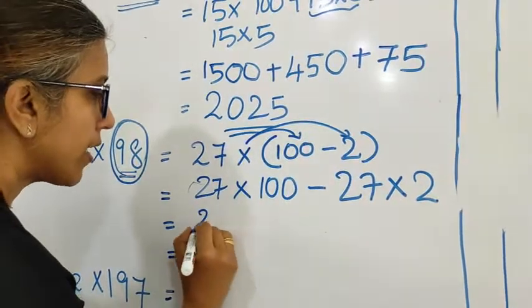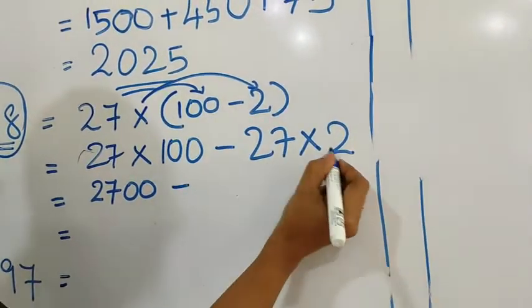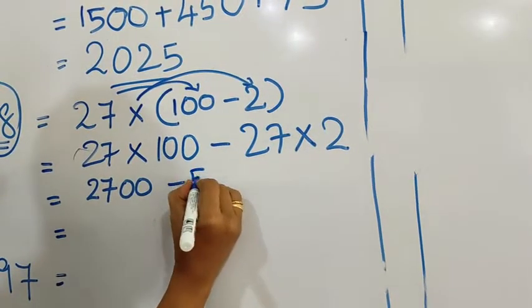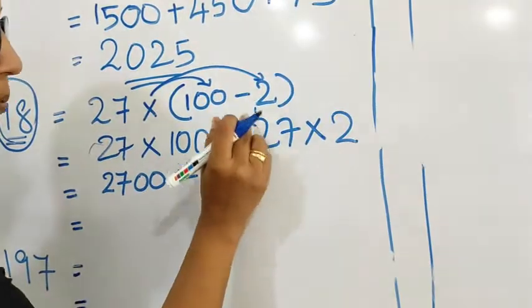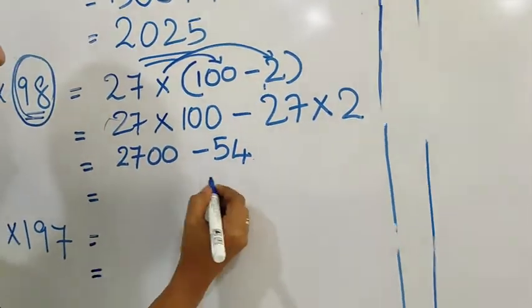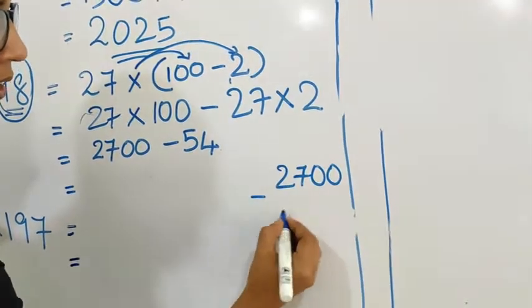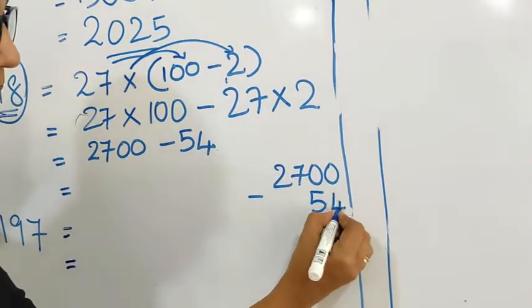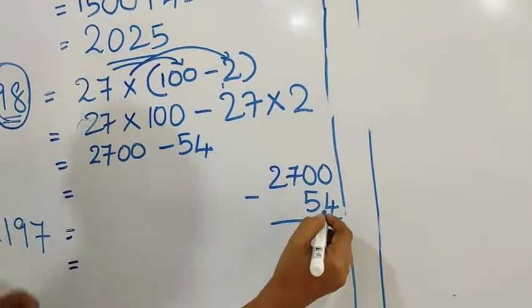27 into 100, very easy. 27, add 2 zeros here. Minus 27 into 2, 54. 7 2s are 14, carry 1, 2 2s are 4 plus 1, 5, 54. Now I have to subtract 2700 minus 54. How will I subtract? 0 minus 4 is not possible.